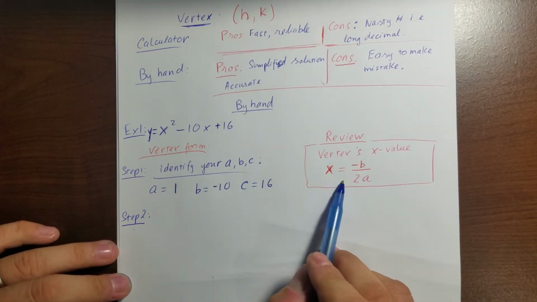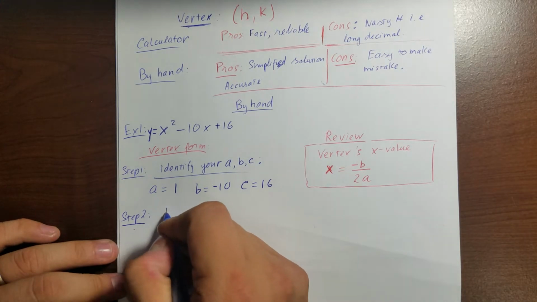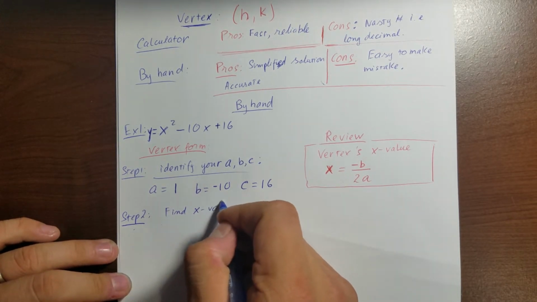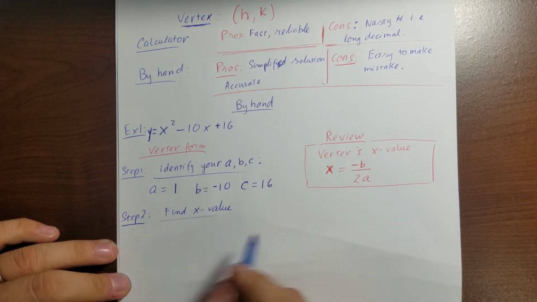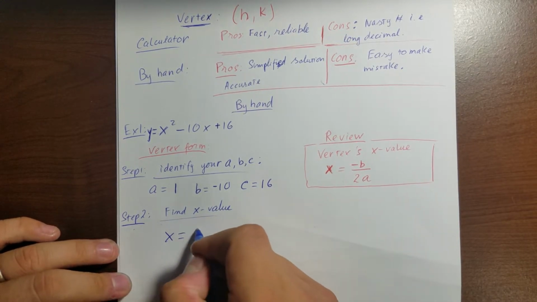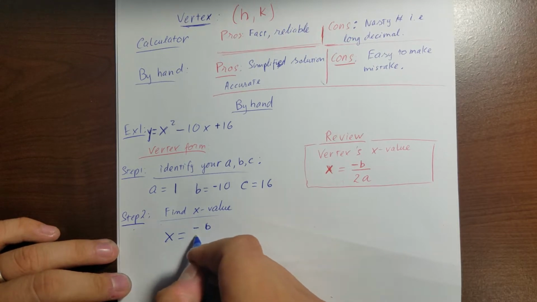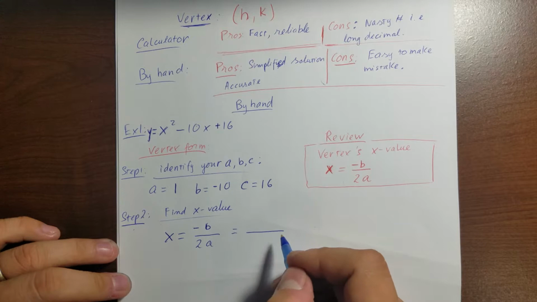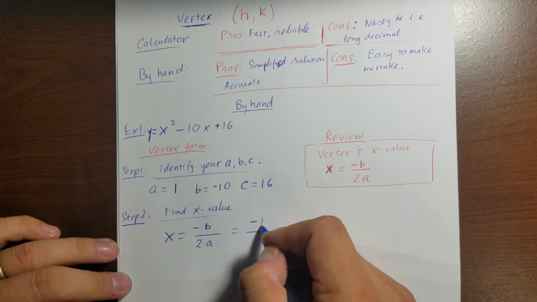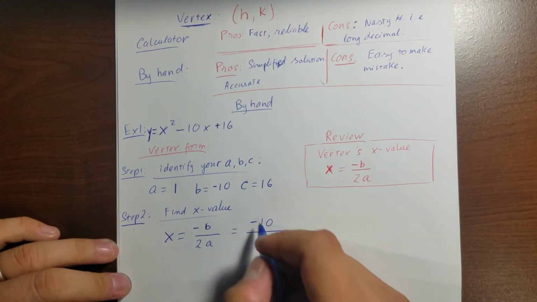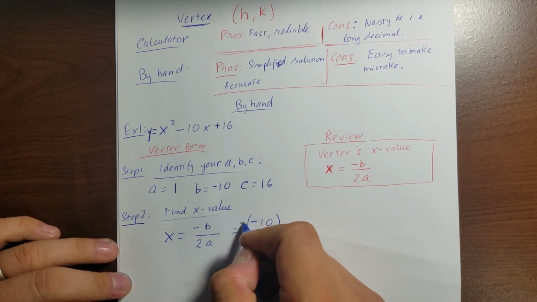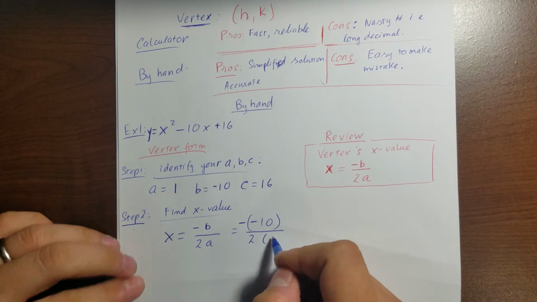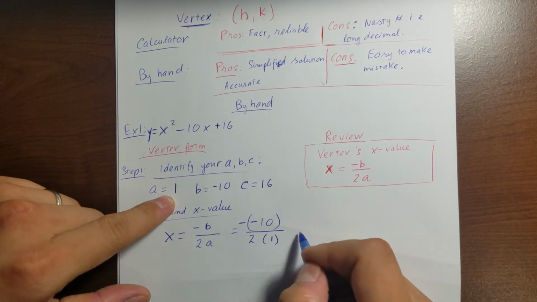Step 2: see this formula right here? All you have to do in step 2 is find the x value. As we know, your x value equals negative b over 2 times a. In this case, our b would be negative 10, because the formula always says negative b, over 2 times my a, which is 2 times 1.